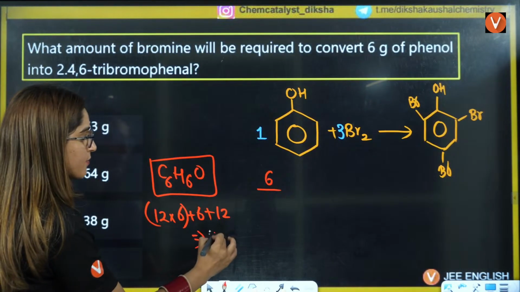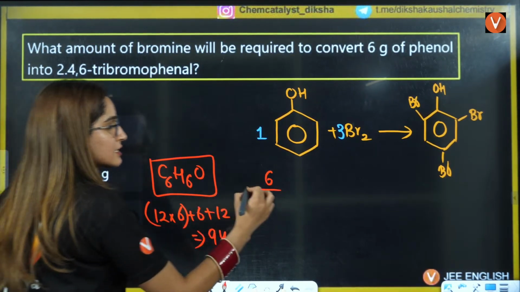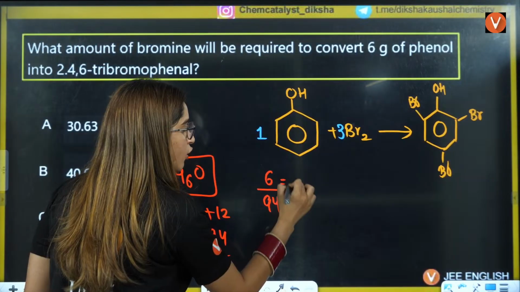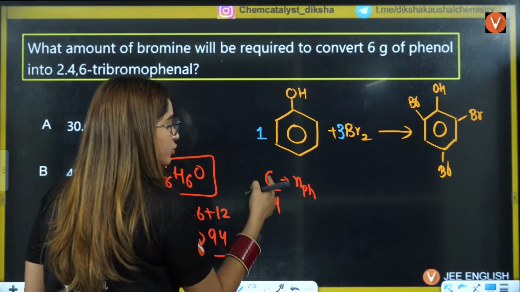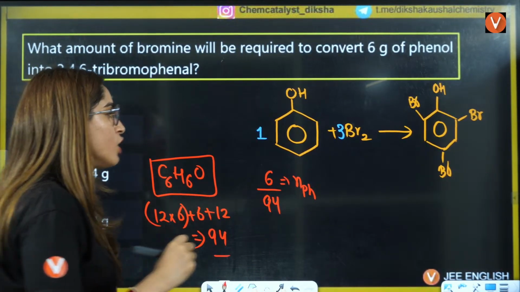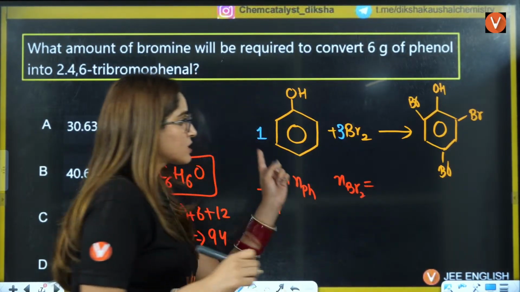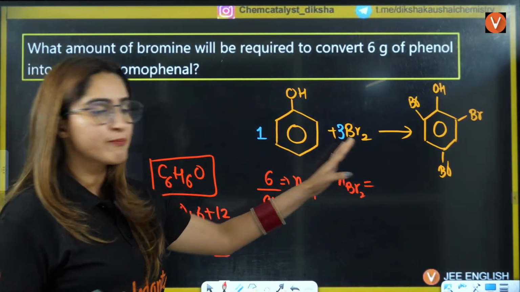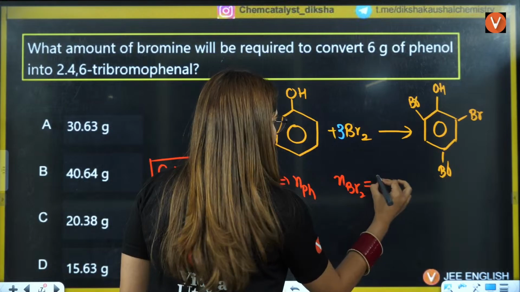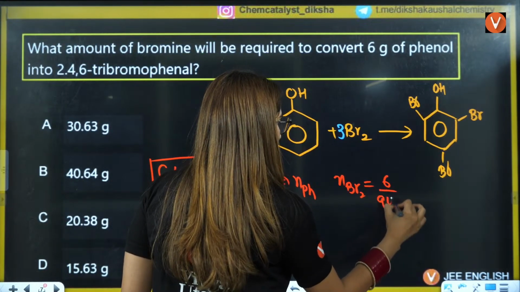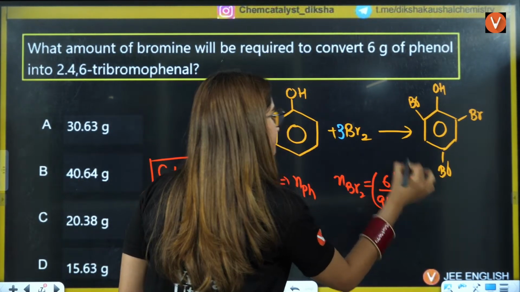So directly I'm writing it here, 94. The number of moles of phenol is going to be 6 by 94. So the number of moles of bromine is going to be, if this is 1, multiplied by 3, so 6 by 94 multiplied by 3.